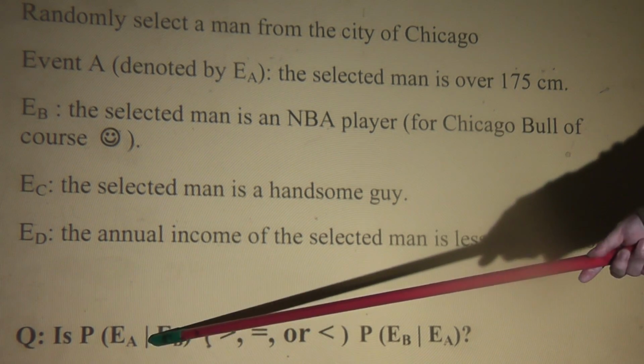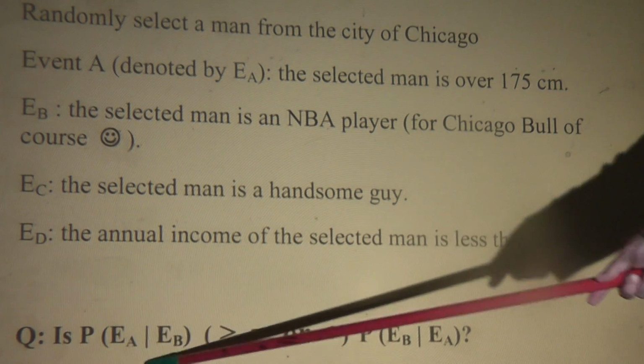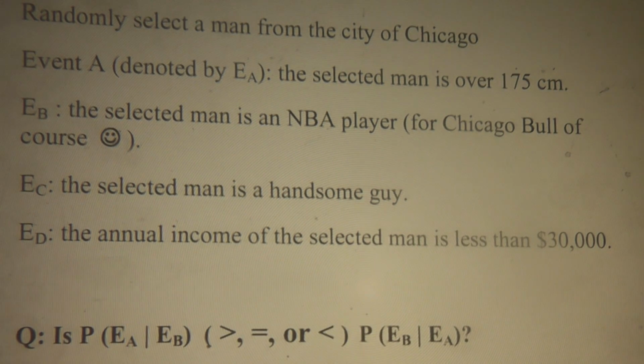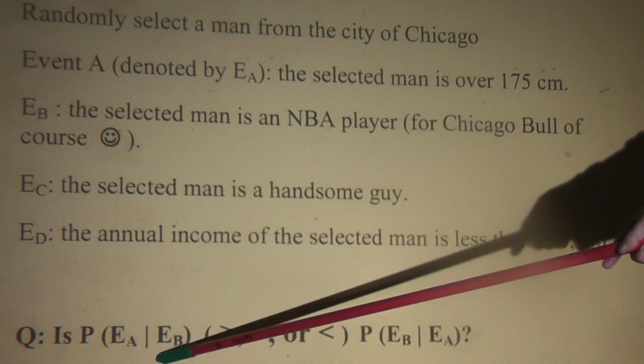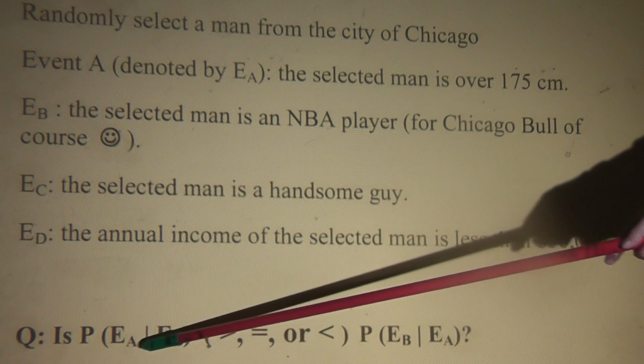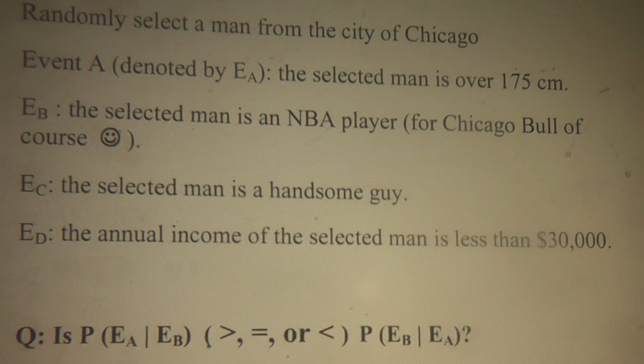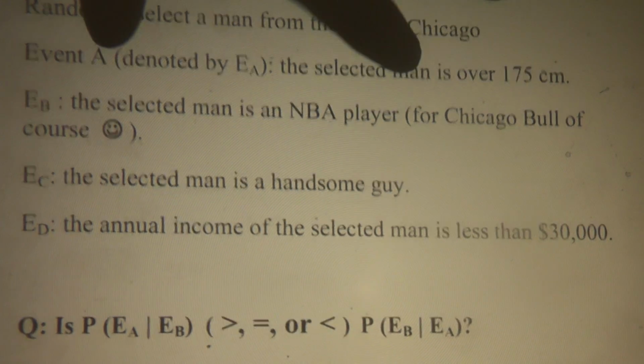Given that we select an NBA player, what is the probability of A? What is A? Well, the selected man is over 175 centimeters tall. So given that we select an NBA player, what is the chance that he is over 175 centimeters tall?